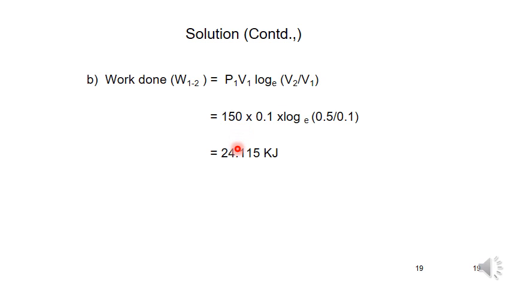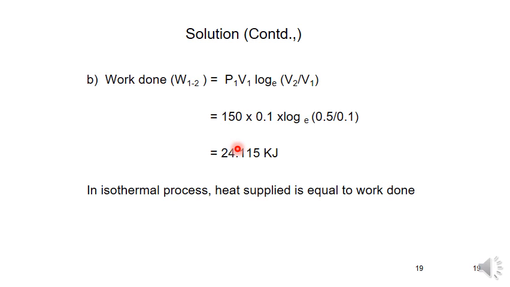So 24.115 kilojoules. But in the problem, the heat transfer means dQ is equal to dU plus dW. In the isothermal process, constant temperature, the internal energy change is 0. So we can write this equation as dQ is equal to dW.